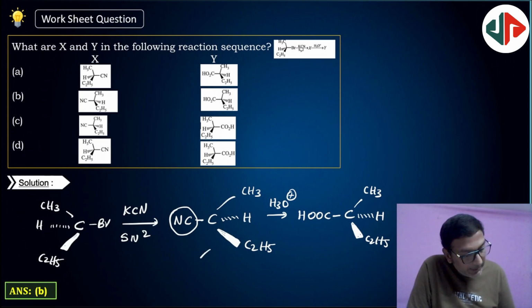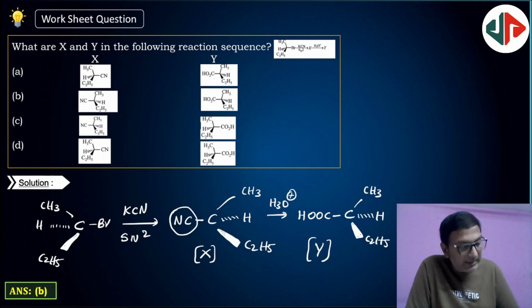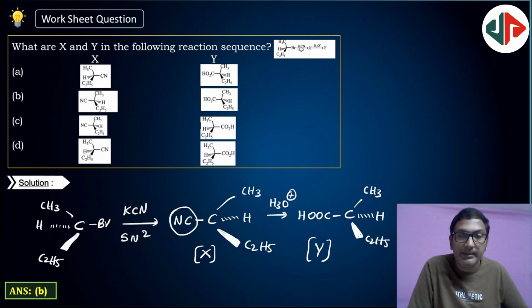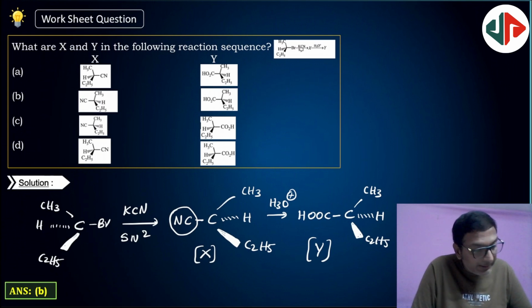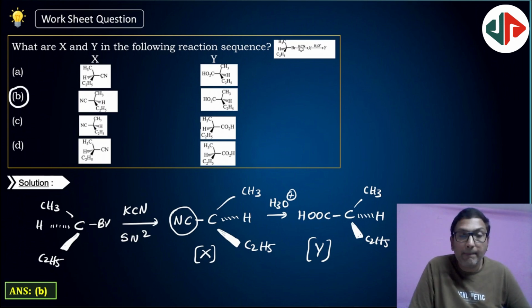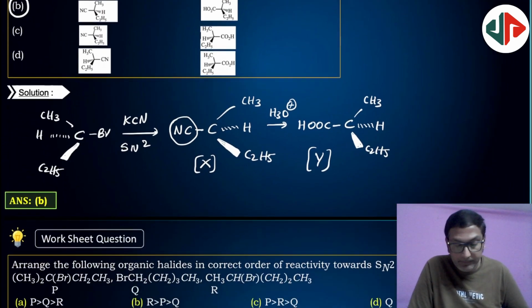So the compound is X and this is Y. First cyanide, next carboxylic acid. Take here option B. Next.